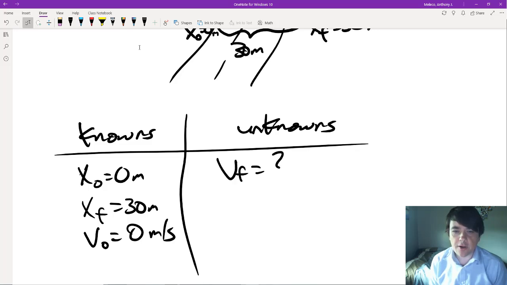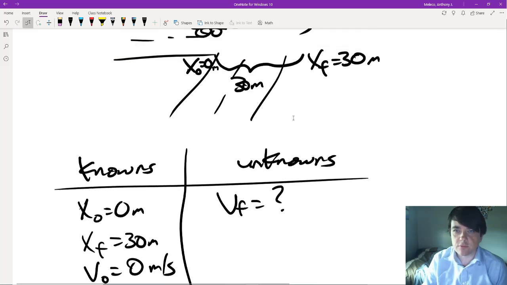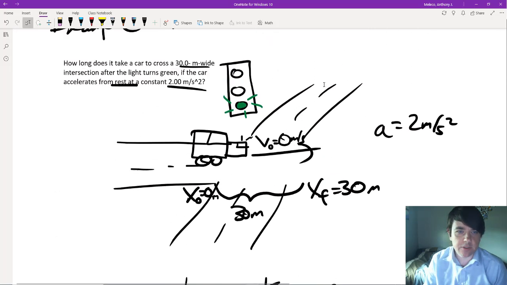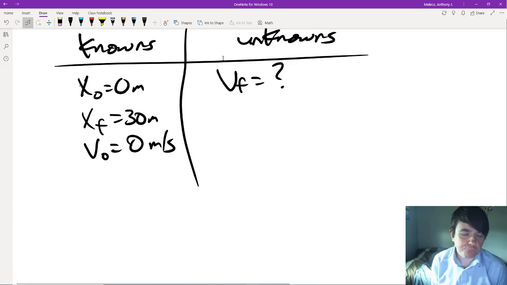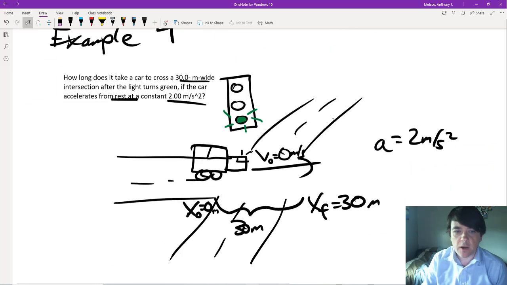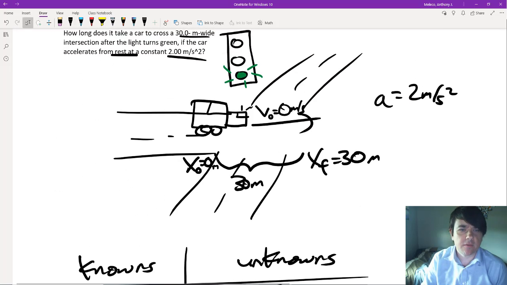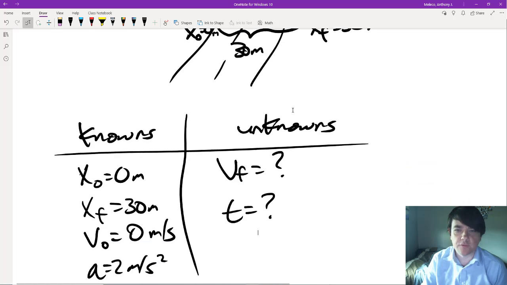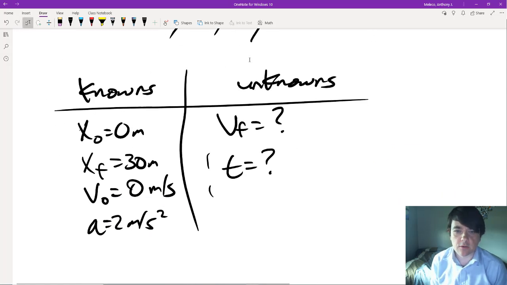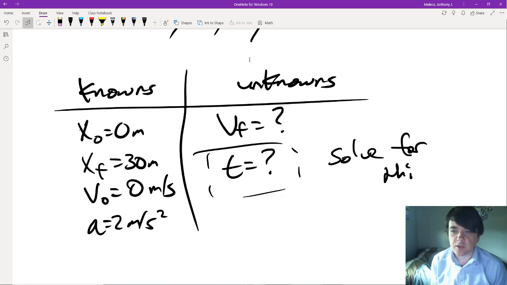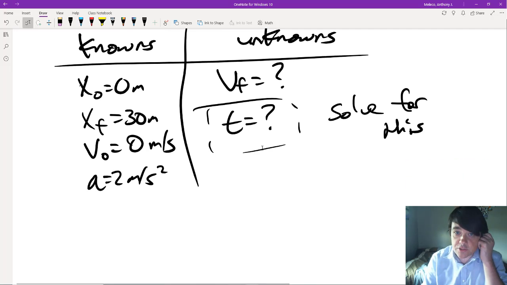We don't actually know how fast the car will be going once it's gone through the intersection, so we don't really know anything about v final. A is 2 meters per second squared. Time, we don't know. And in fact, time, how long does it take, is what we need. Okay, cool. Looks good to me.